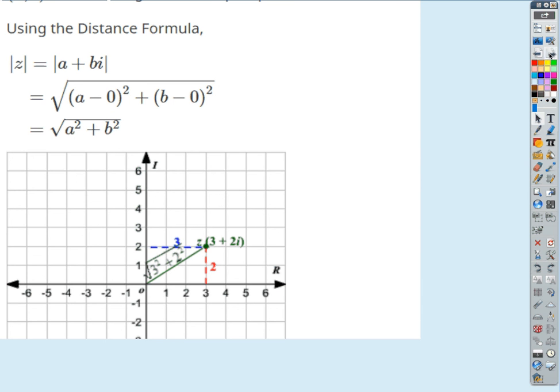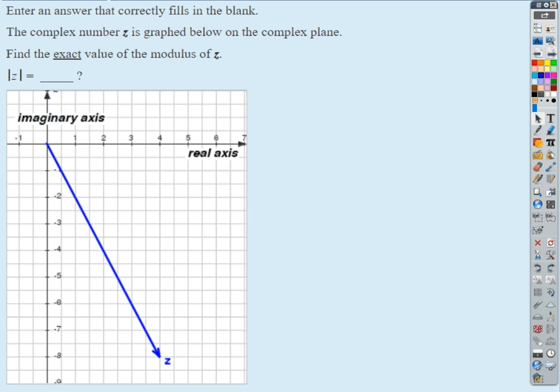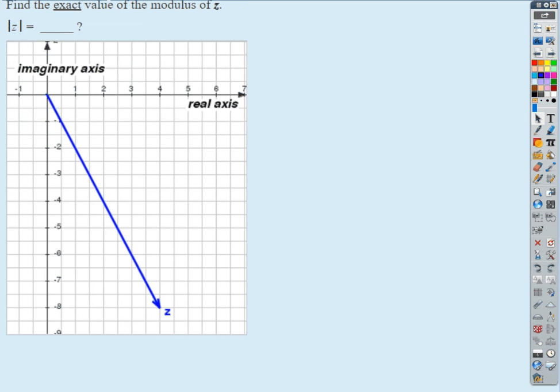So let's calculate the modulus of a number based on the graph. What's going to be the modulus of this complex number? How far from the origin is it? What are the coordinates, first of all? 4, -8. Okay, so the coordinates are 4, -8.